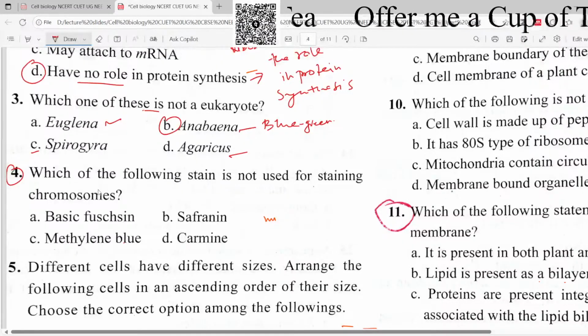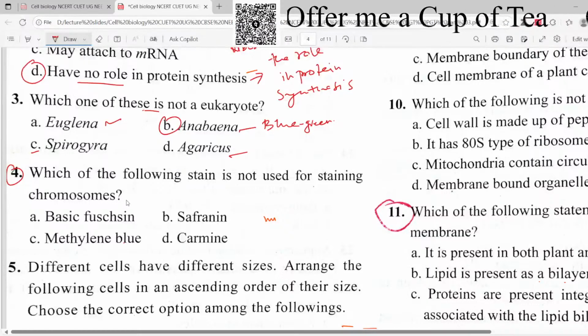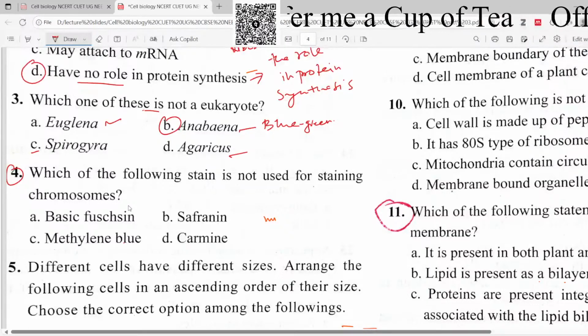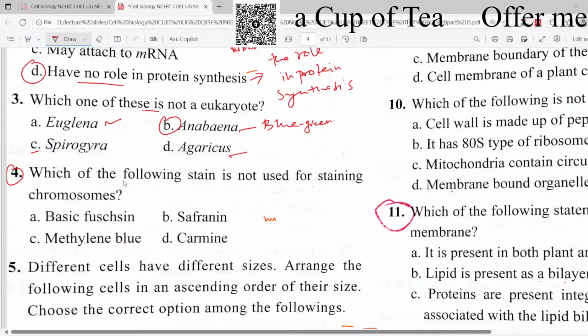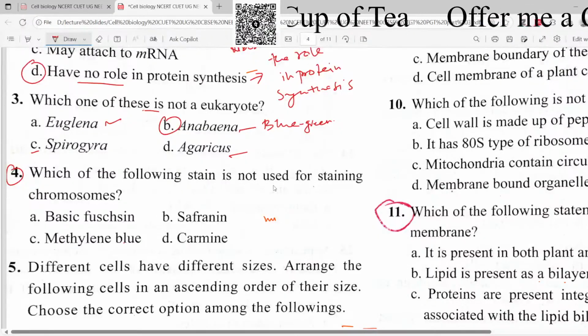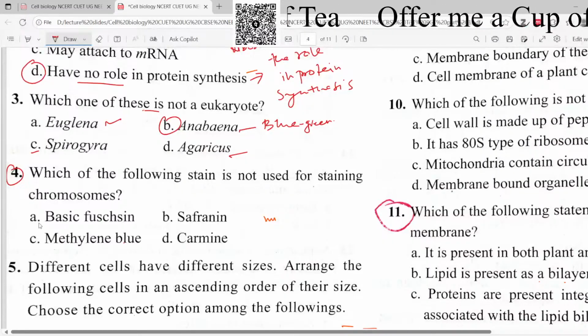The fourth question, question number 4. Which of the following stains is not used for staining chromosomes? Four options are given.